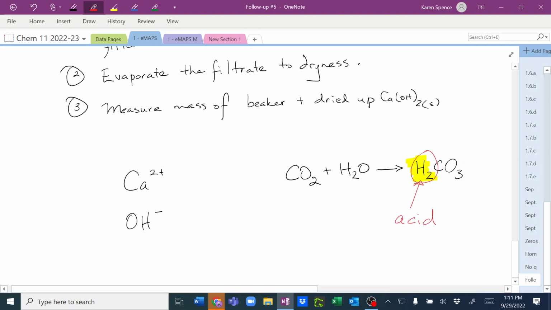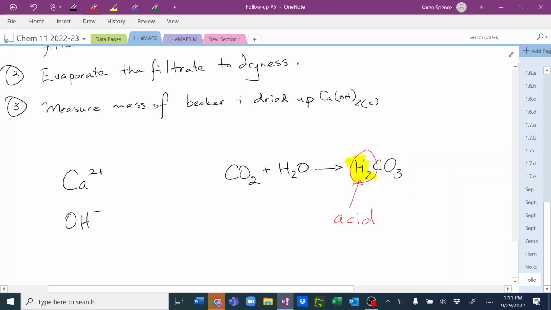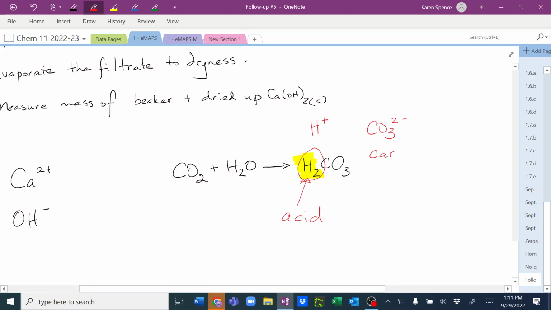Okay, and it's an acid based on the H+ ion and the CO3 2- ion. Do you guys know the name of CO3 2-? Carbonate, yes. So that's carbonate, and if we make an acid with it, it is called carbonic acid.